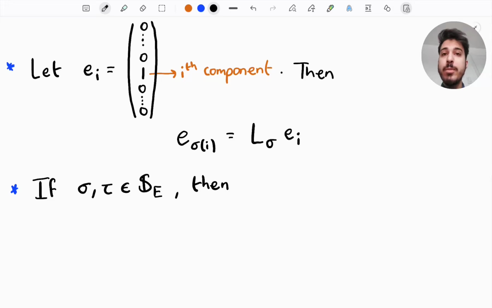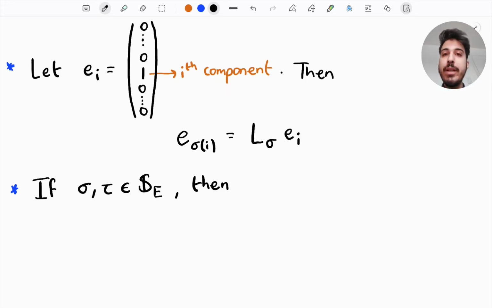To see how the problem of permutations can be translated very well into the problem of linear algebra, let e_i be the unit vector that contains 1 in its ith component and 0 everywhere else. Then we see immediately that e_sigma(i) is equal to L_sigma multiplied by e_i.